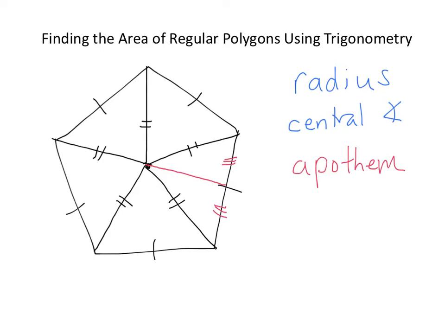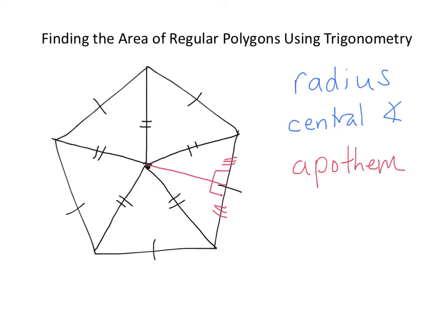And an interesting feature actually happens, and I'm not really going to go through proving it, but I'll just talk through it quickly. An apothem, like this one drawn in red, not only starts at the center and goes to the midpoint of any one side of a regular polygon, but it also intersects that side perpendicularly.